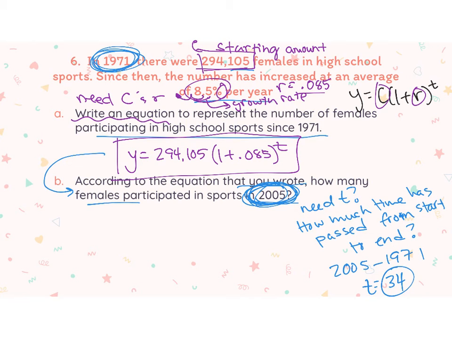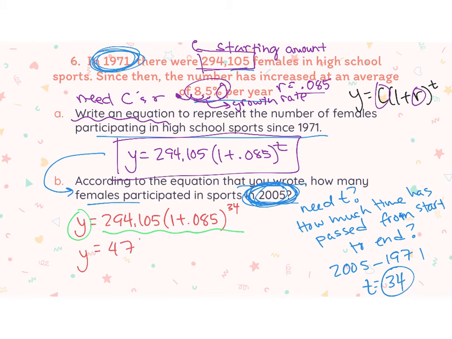So if T is equal to 34, here's what my equation looks like. Y equals 294,105 times 1 plus 0.085 raised to the 34th power. And now I can type this whole thing into my calculator and get my Y value. So when I type that whole thing into my calculator, 294,105 times 1 plus 0.085 raised to the 34th power, I get y equals 4711004.36.